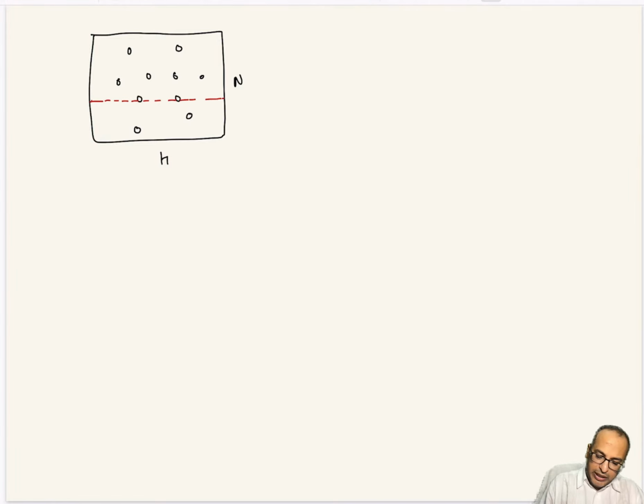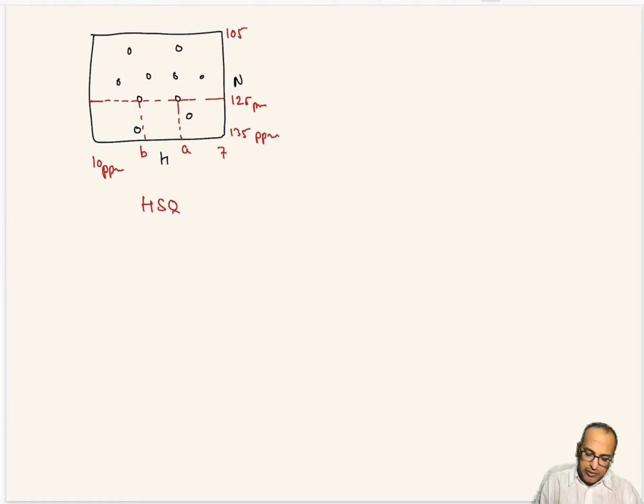The nitrogen range is typically 105 to 135 ppm, and if you are talking about amide protons, this range is typically 7 to 10 ppm. Let's say this is 125 ppm chemical shift, and let's say that these are some chemical shifts A and B. So this is the regular HSQC experiment where proton and 15N are correlated.